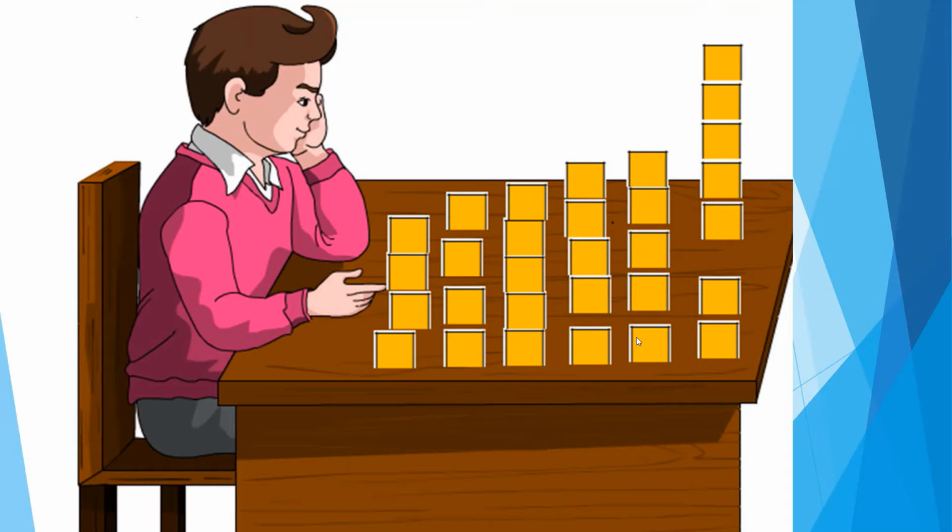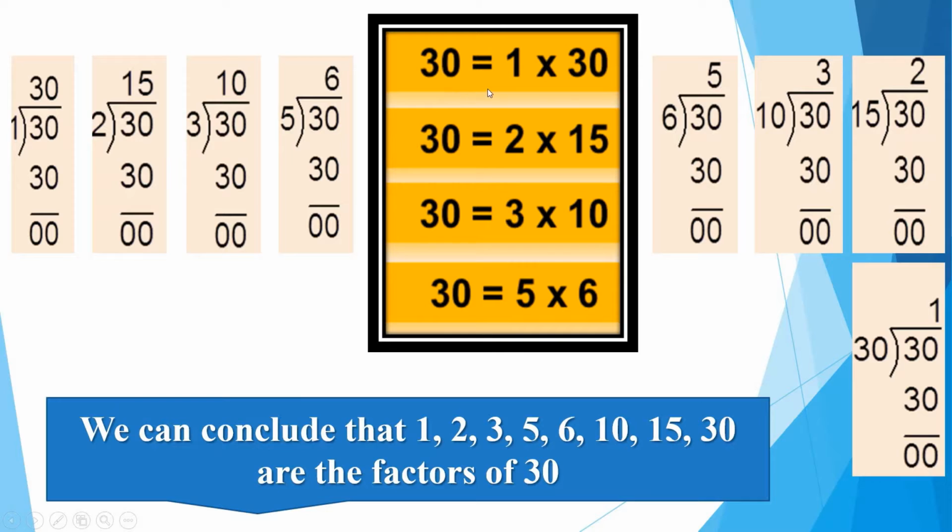So we have seen that Ben has arranged the 30 small squares in 4 different ways as 30 is equal to 1 times 30, 30 is equal to 2 times 15, 30 is equal to 3 times 10, 30 is equal to 5 times 6. Correct?